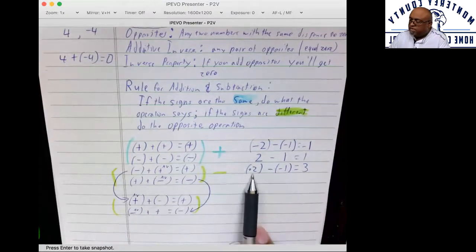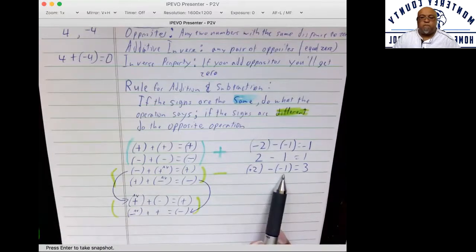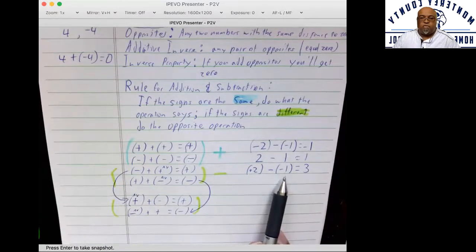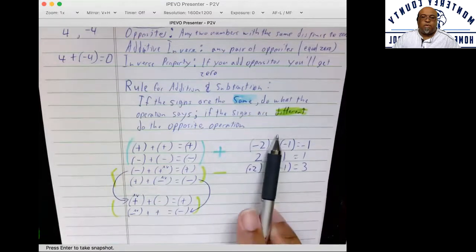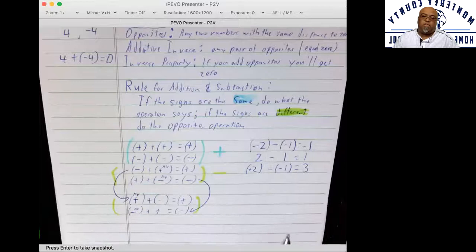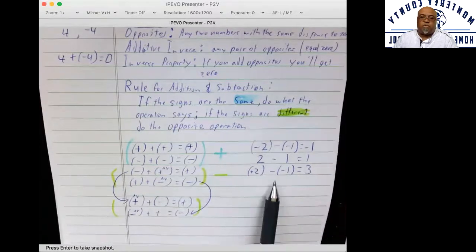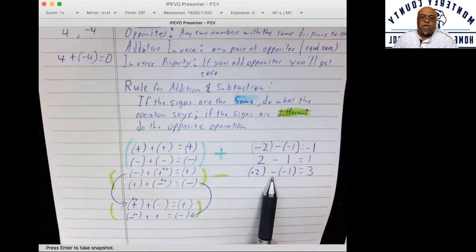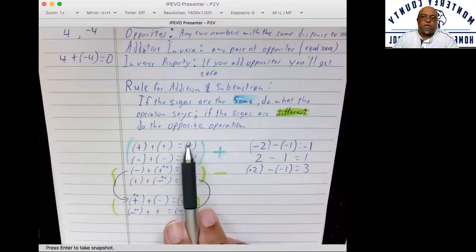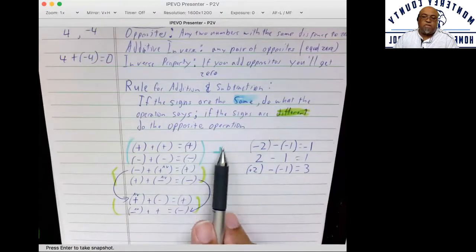I have a positive number and a negative number. Okay, so that qualifies for being different signs. So since my signs are different, I do the opposite of what it says to do here. It's saying to subtract. Well, what's the opposite of subtracting? It says do the opposite operation. The opposite of subtracting is adding.